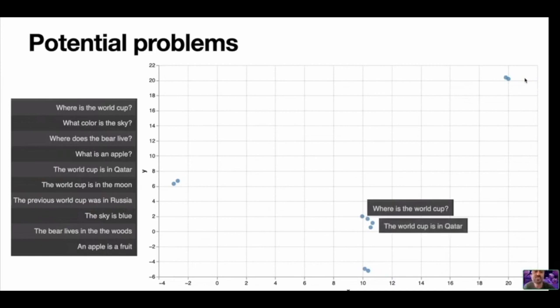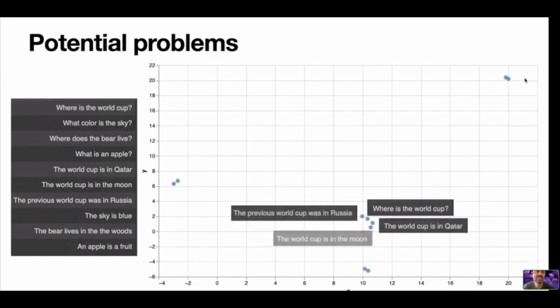This one is "the World Cup is in Qatar." This one is "the previous World Cup was in Russia," and this one is "the World Cup is on the moon." Notice that the embedding says these are similar sentences. They're not lexically, but semantically similar. The closest one says "the previous World Cup was in Russia," which is very close, but it's not the answer. So how do you tell that it's the answer?